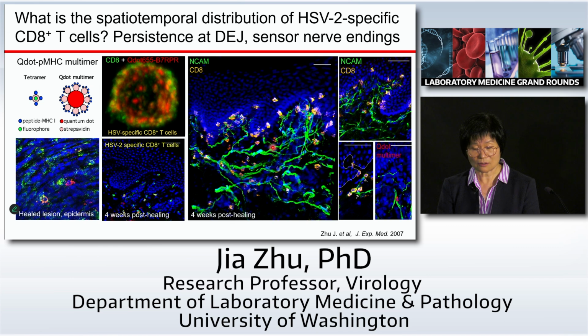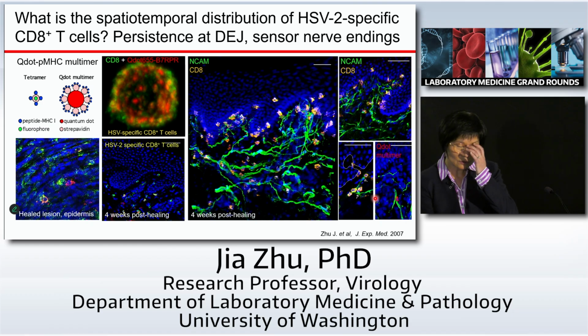And those T cells localize to the dermal-epidermal junction, and they have close interactions with the basal keratinocytes next to the free nerve endings, and they are also in close contact with terminal Schwann cells in the nerve branches.